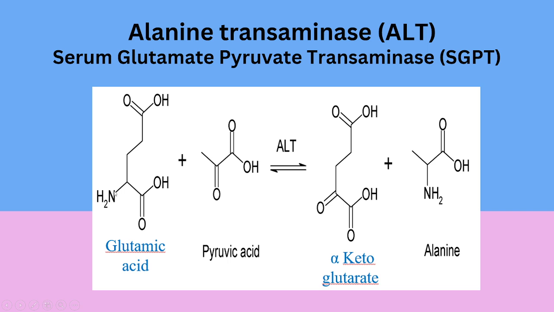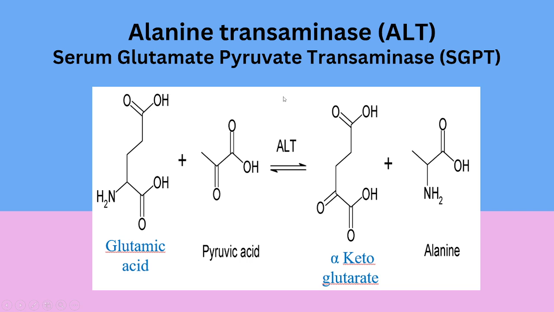So glutamate plus pyruvate, in the presence of the enzyme ALT or SGPT, will give us alpha ketoglutarate and alanine. What happens here, reversibly of course, and here we are talking about this side, is that the amino group is removed from glutamate and added to pyruvate. Pyruvate will become alanine, while glutamate will become alpha ketoglutarate.